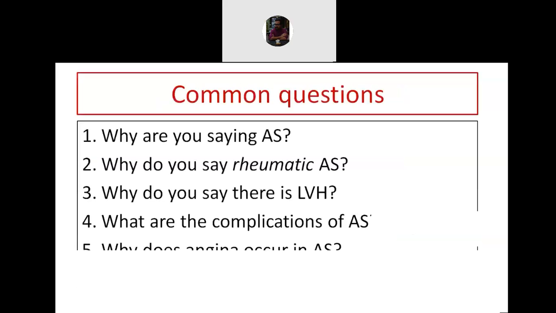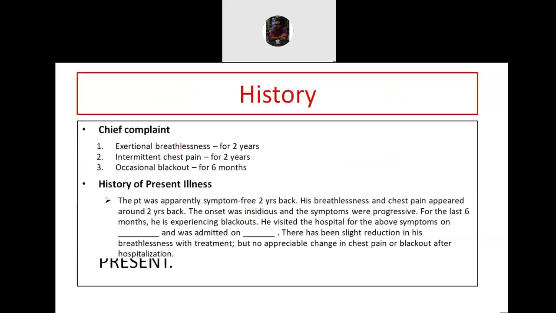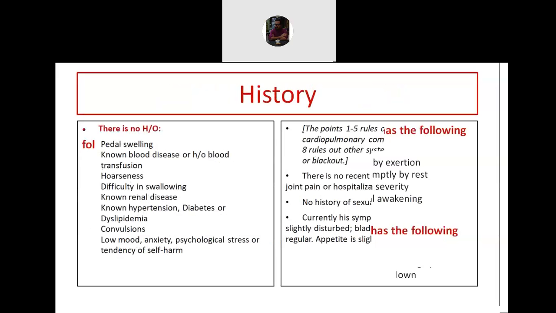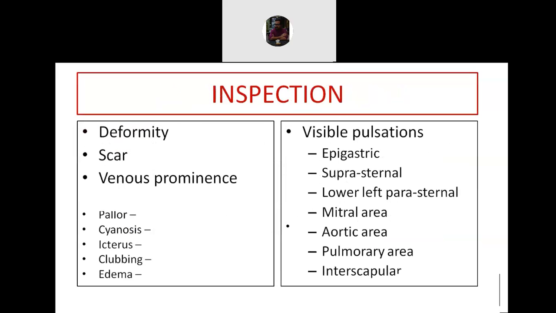If blood comes back from the aorta to the left ventricle, what will happen? During diastole, the peripheral blood pressure will fall, so you will have a low diastolic blood pressure. But during the next systole, the entire blood will go out, causing a high systolic blood pressure. This difference between SBP and DBP is called pulse pressure.